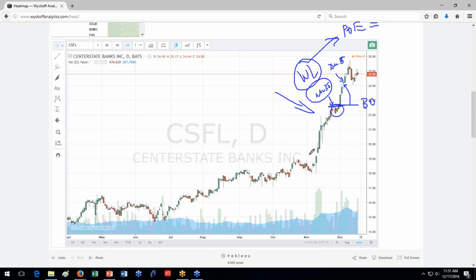And my goal is going to be to swing trade the momentum, the continuation of the momentum that we've had since the election right here. Because of a lot of institutional interest, a lot of momentum, this particular swing trade is just going to be a continuation. And my goal is going to be to pick up this type of swing out of the consolidation area.